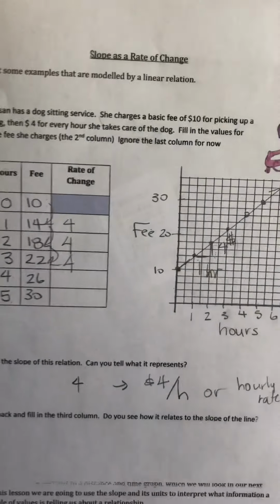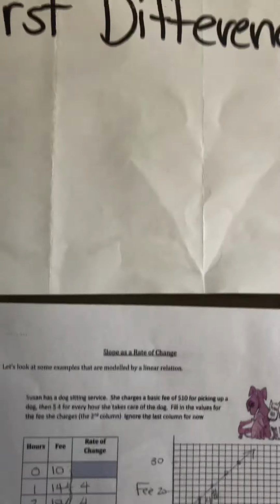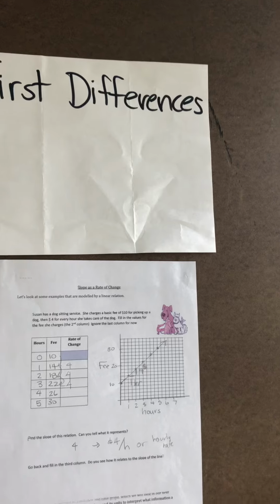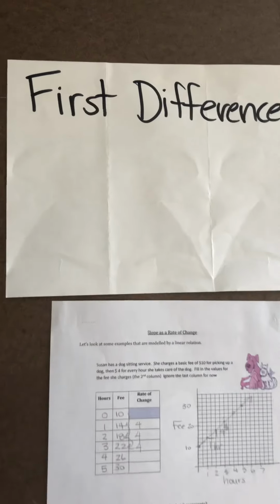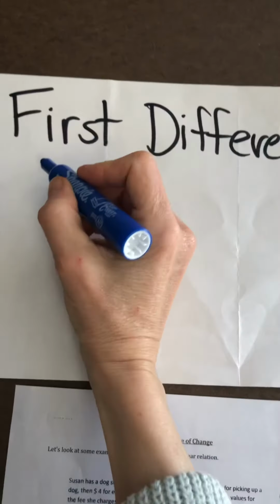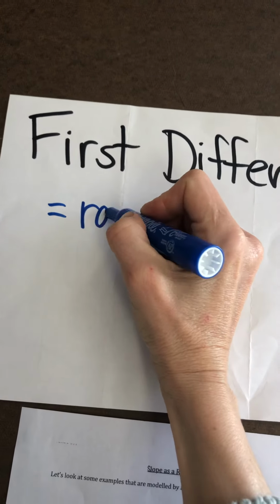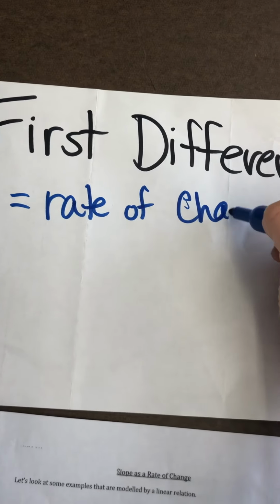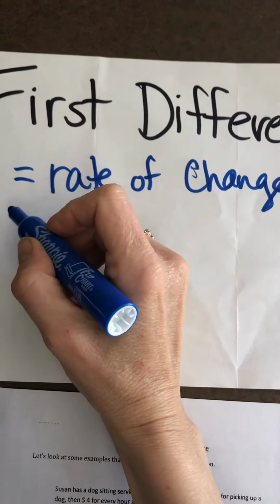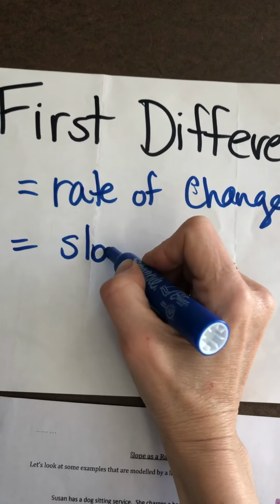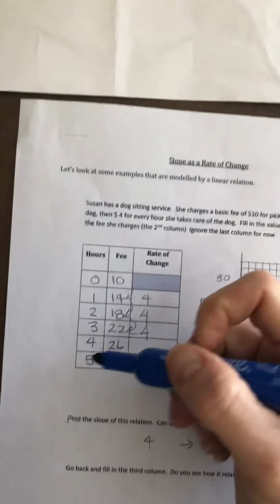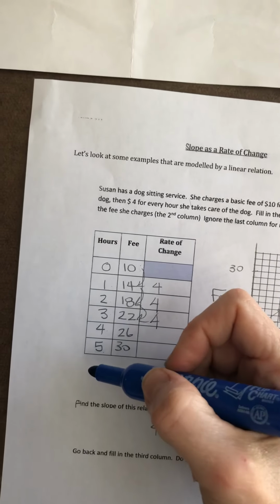Yes, okay? So, first differences is actually the exact same as what we call a rate of change, and it's also known as the slope of a line if we do it exactly every time we go up by 1.